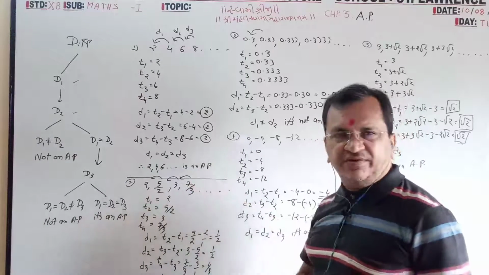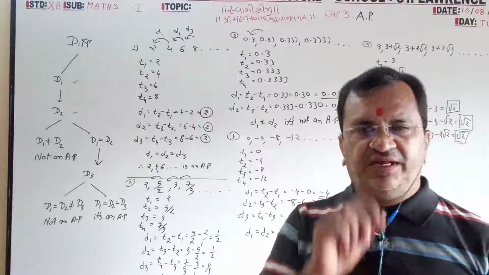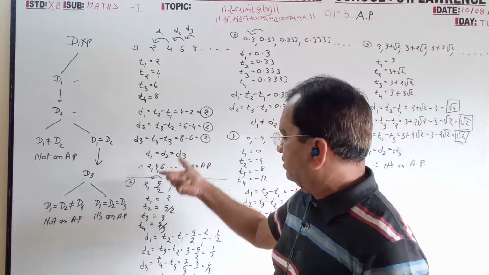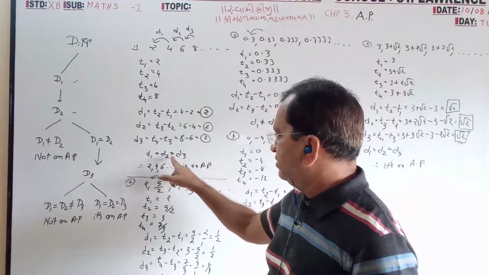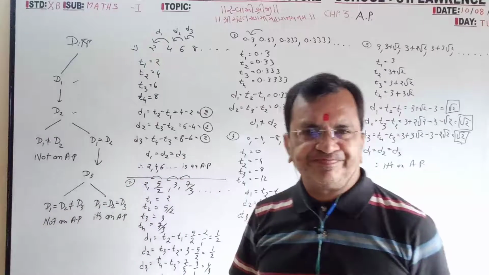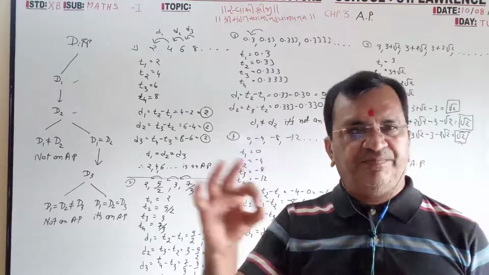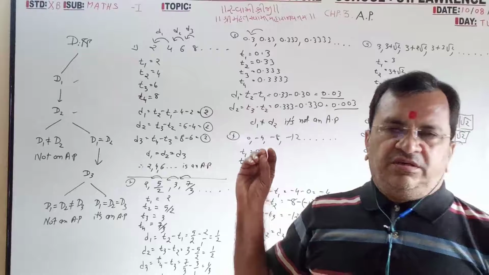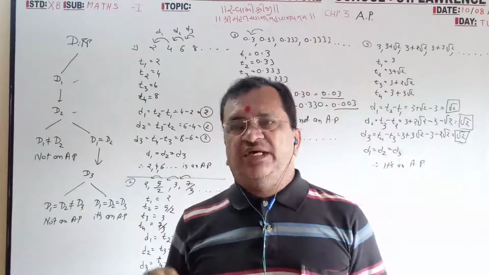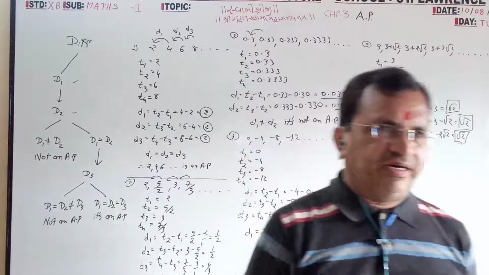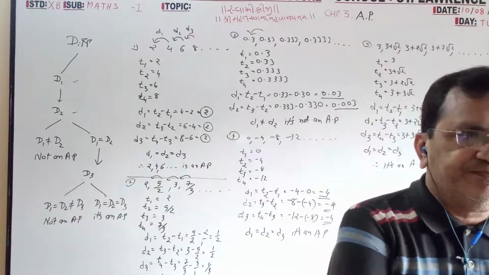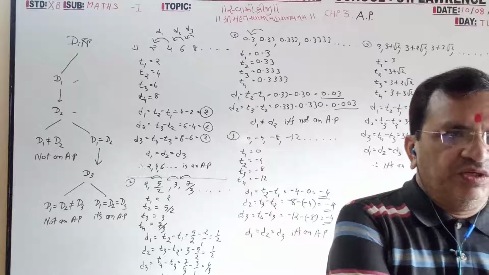Then if all 3 are equal, then only write yes. If anywhere it is not equal, it is not an AP. This question they will definitely ask, 101%. Follow?